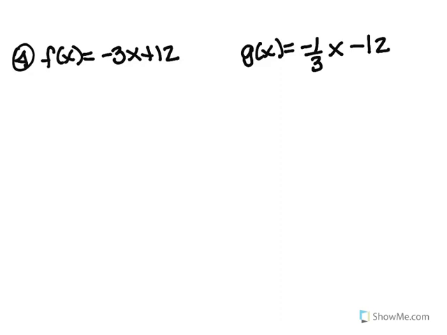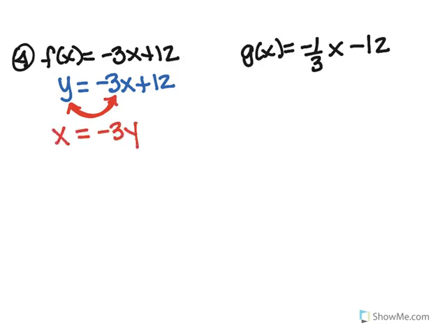So we know f of x means y. And in the place of x and y, we're going to switch them. I'm going to have x equals negative 3y plus 12. And then solve for y in this place.